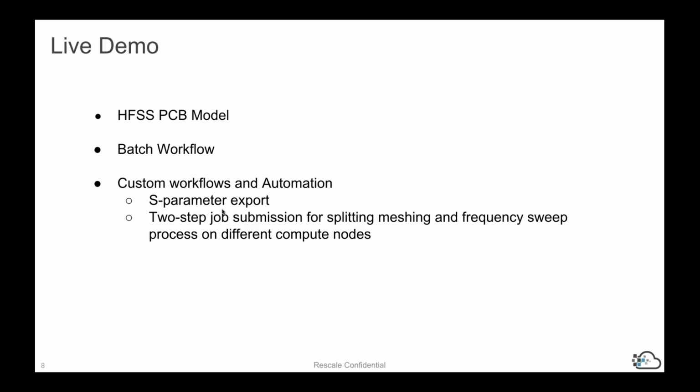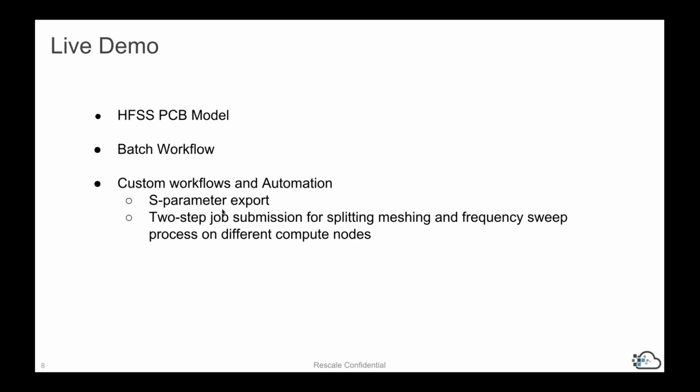The last section of my demo is I'm also going to touch upon a couple of custom workflows and automation, because again, this is an important benefit on the Rescale platform. We have developed workflows for customers, but there is always room for customization and automation, right? For example, if you want to run a batch job and automatically export the S parameters, we can absolutely do that.